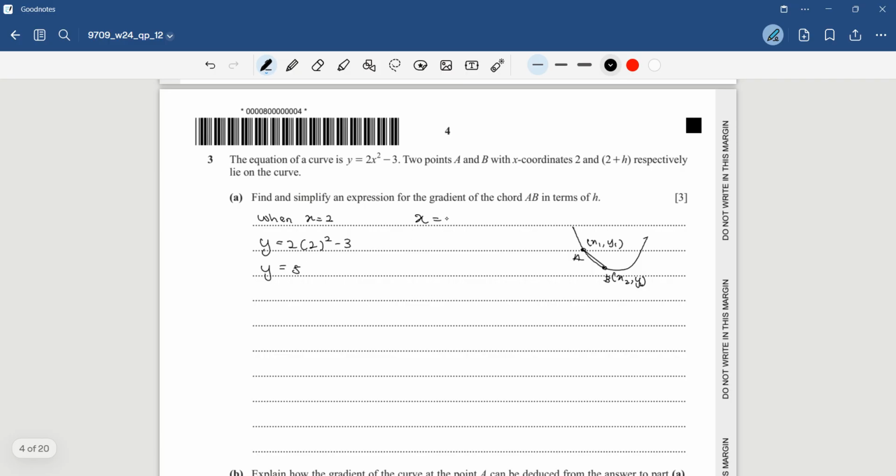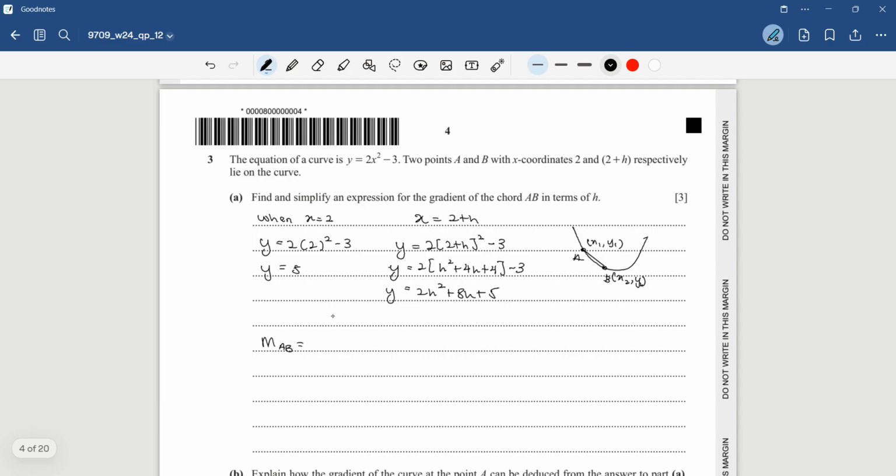Similarly, when x equals 2 plus h, my y will be 2 times (2 plus h) squared minus 3. So my y will be 2 times (h squared plus 4h plus 4) minus 3. So you simplify this, you will get 2h squared plus 8h plus 5.